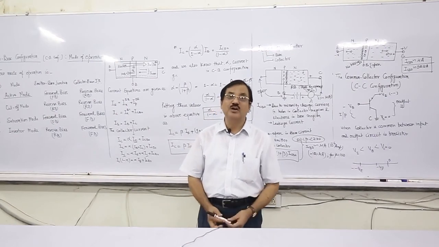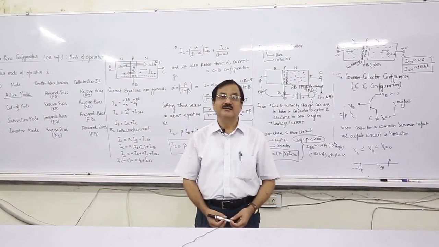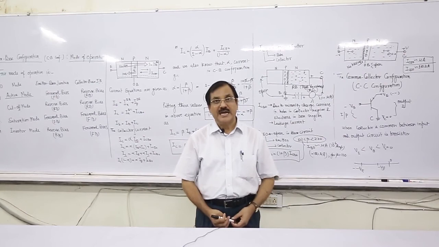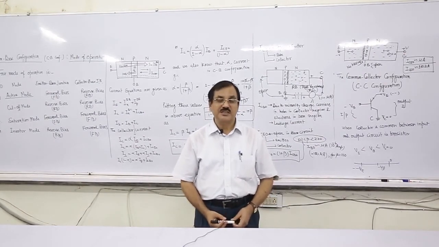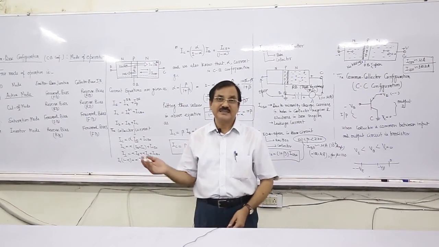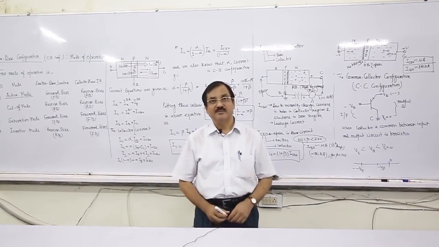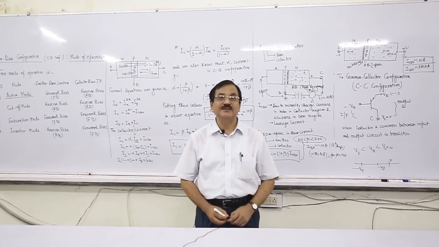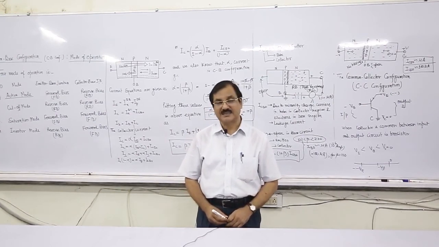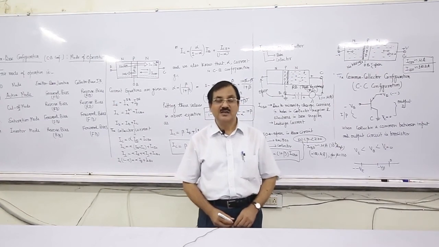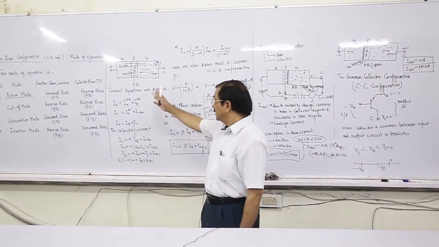The second is modes of operation. There are four modes: active mode, cutoff mode, saturation mode, and inverse mode. So today we have considered the active mode of the common base circuit.